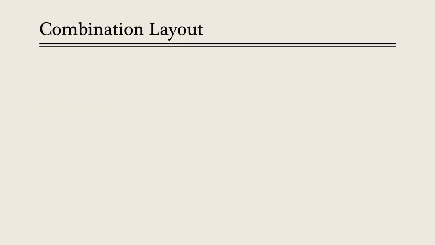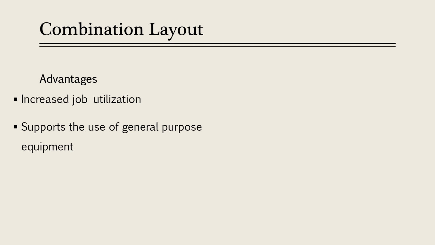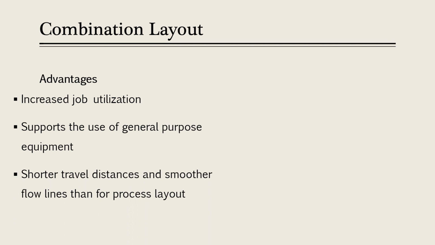The combination layout also has advantages and disadvantages. As advantages, we can see increased job utilization due to the flexibility, and it supports the use of general purpose equipment very well, and shorter travel distance and smoother flow lines than the process layout can be seen. However, there are some disadvantages.